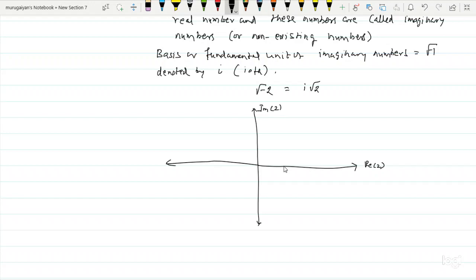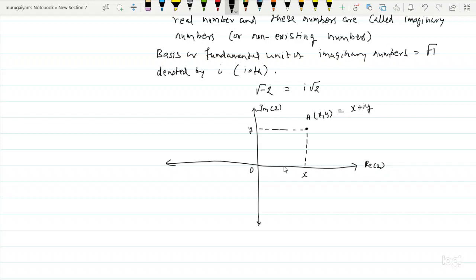If you take a point in the plane, with coordinates along the real axis x, and along the imaginary axis the distance y from the origin, then the ordered pair x comma y represents the complex number x plus iy, because x is the real part of the complex number, y is the imaginary part, and i is nothing but the imaginary unit.